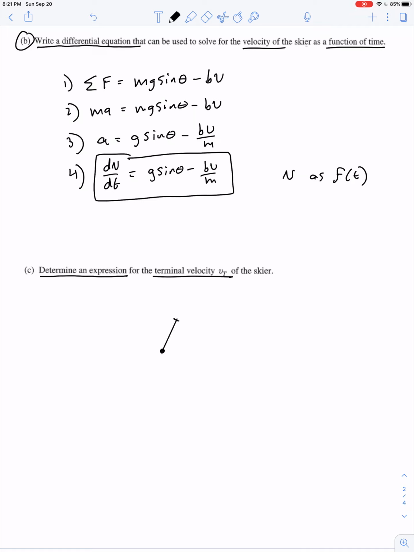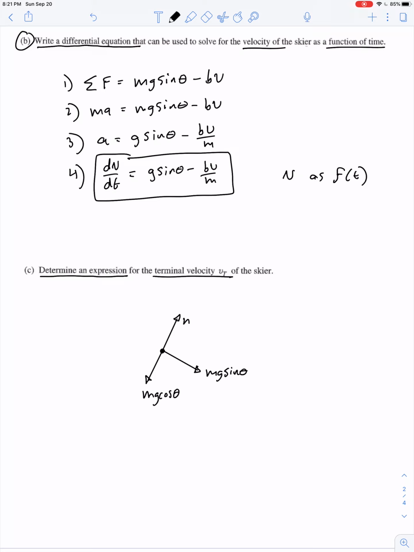the free body diagram will look like this. Normal force points this way. There's a component of gravity, mg cosine theta, pointing this way. Mg sine theta points down the hill, and initially there's no resistive force at all, right?